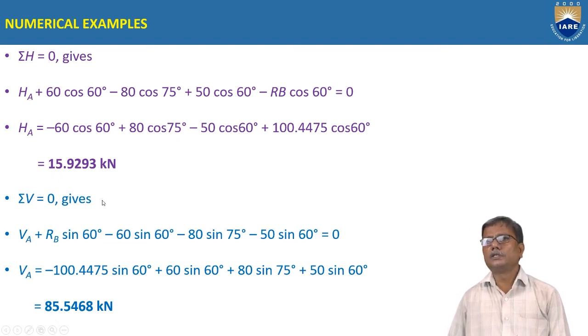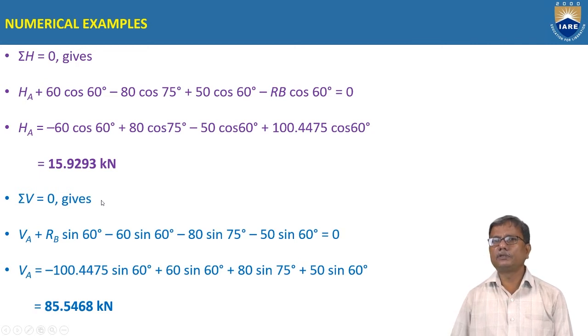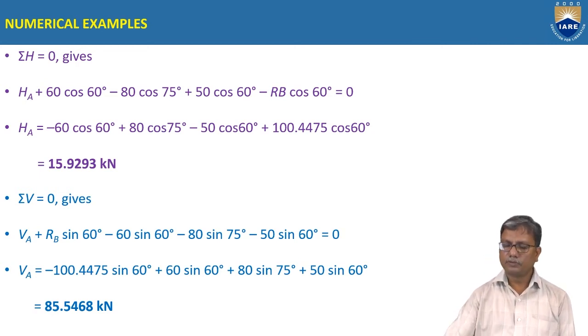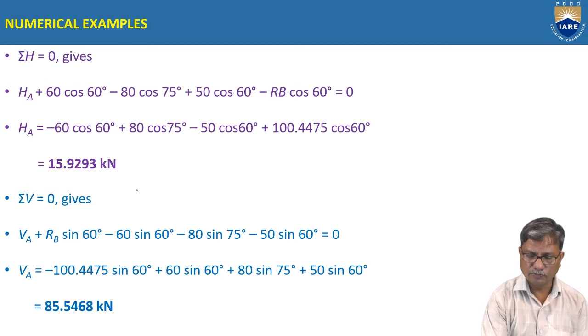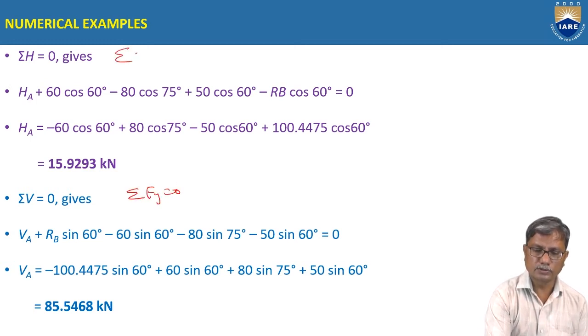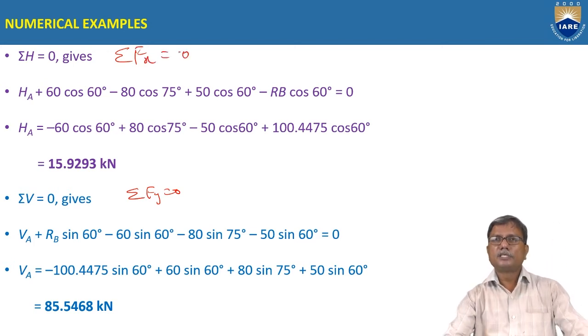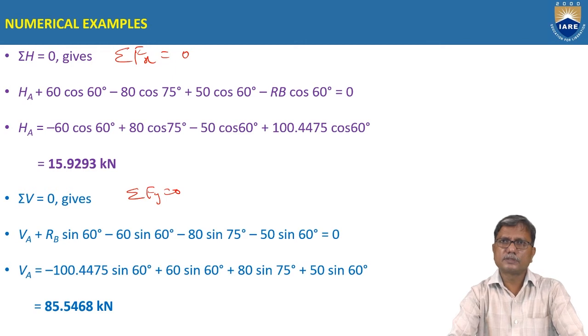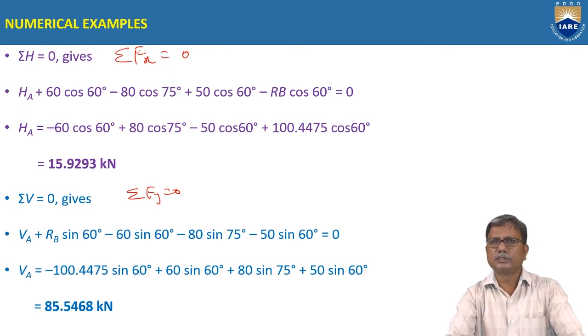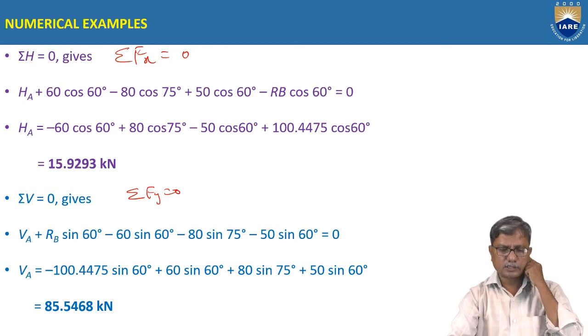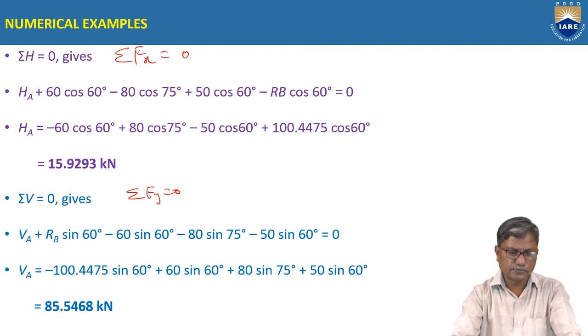Next, the third condition, sigma V equal to 0, or sigma Fy equal to 0. Both are same. Similarly, sigma H equal to 0 or sigma Fx equal to 0. So it means the sum of horizontal forces. Sigma Fy equal to 0 means the sum of vertical forces.